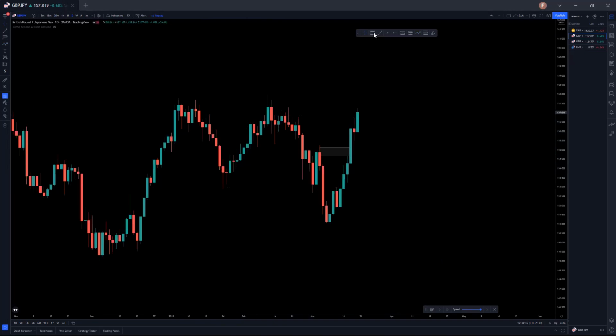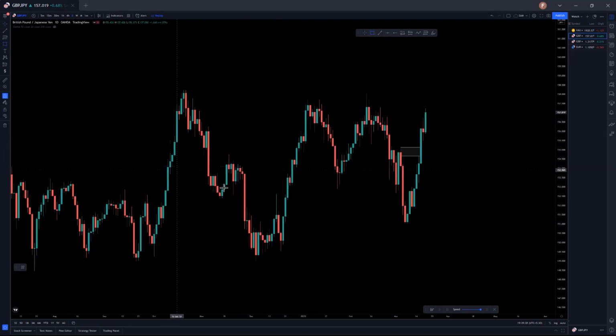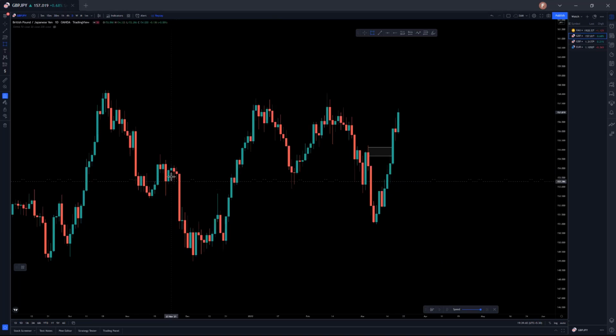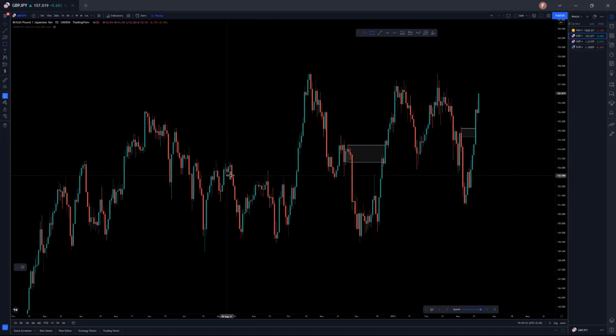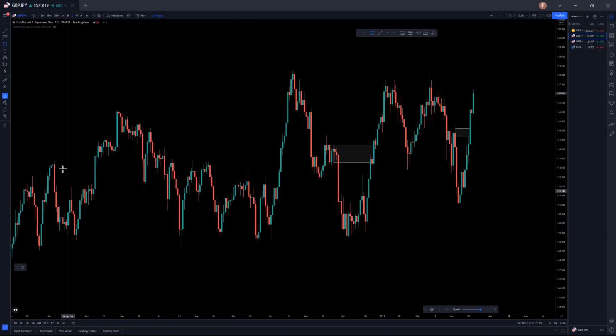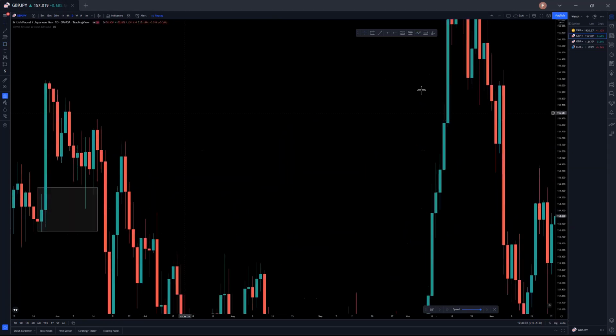For example, let's say this POI. Look how the daily is carrying momentum. You are expecting this to go. Suppose this was your extreme POI. Let's say this was daily.